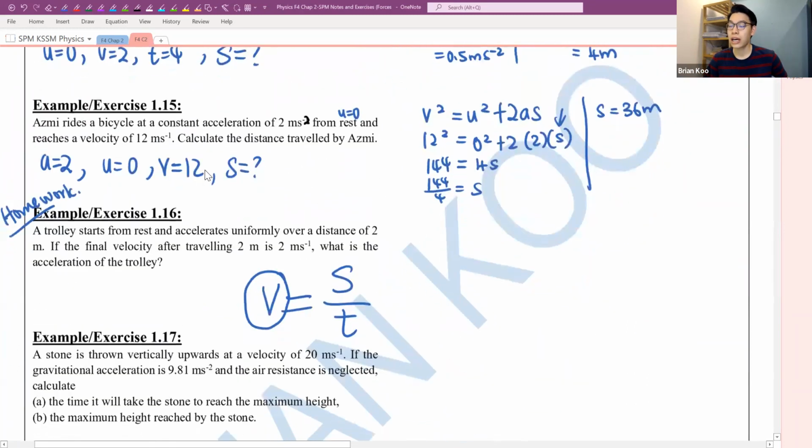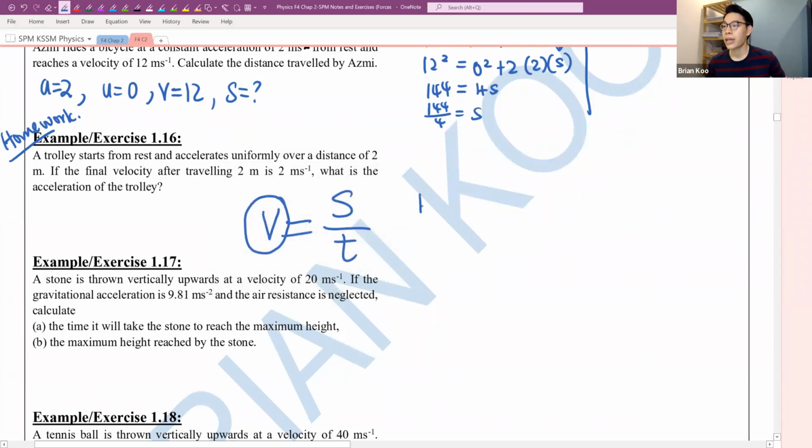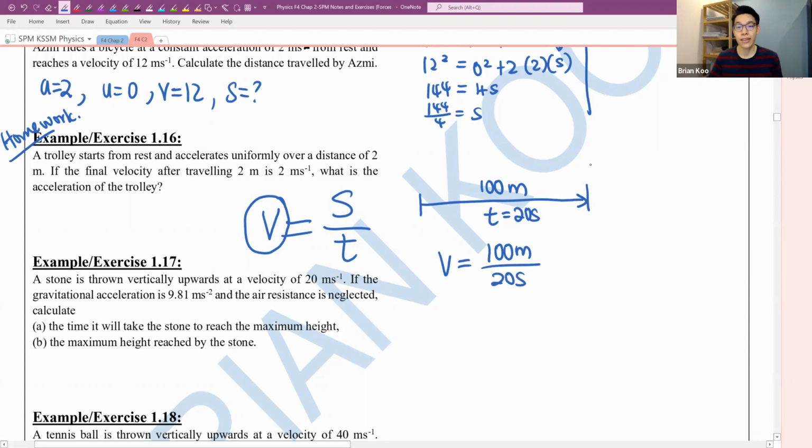Let's say we have somebody walking a distance of 100 meters and the time is 20 seconds. Can I say that the final velocity, the V, is 100 meters divided by 20 seconds? Can I say that? What do you guys think? Is it correct? Yes, Sherwin.